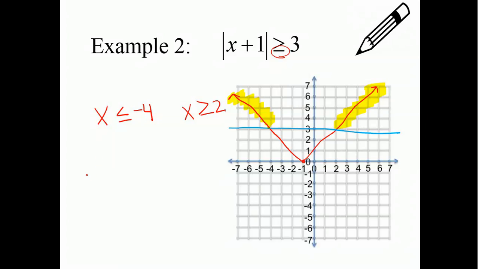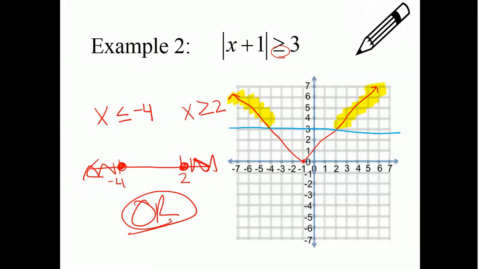If you would graph this on our number line, that way and that way, which is an OR inequality. So I'll put a big OR in the middle. Now, notice how the graph, the two highlighted parts, go away from each other. That's an OR inequality because they always go away from each other on an OR inequality.